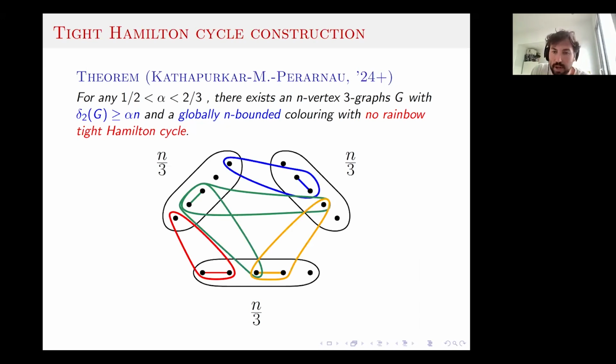Now your hyperedges are all 3-uniform edges which intersect one part in 2 vertices. And the color of a hyperedge is precisely the color of that pair of vertices, that 2-uniform edge, that they intersect in. So you can check that this thing has minimum co-degree 2n/3.